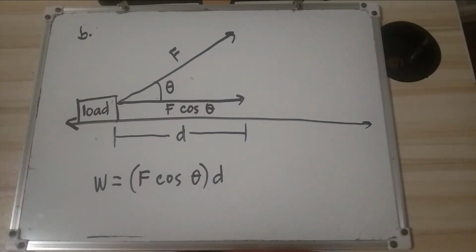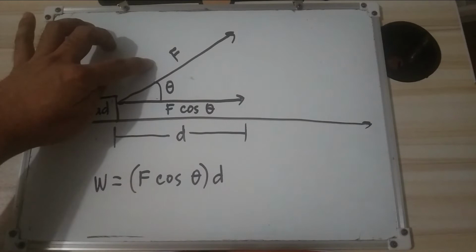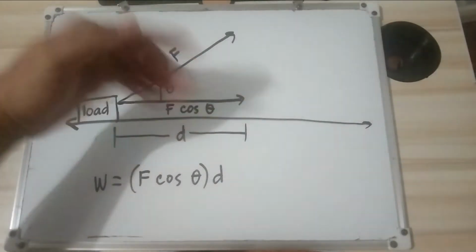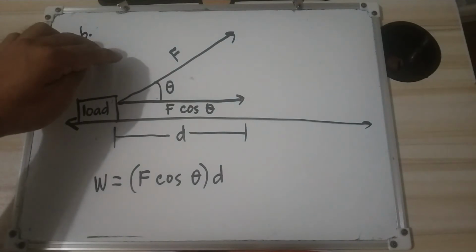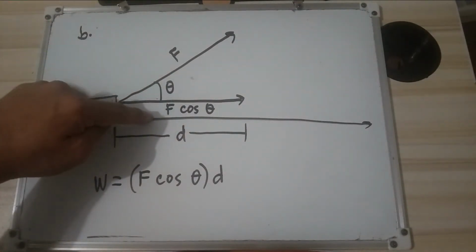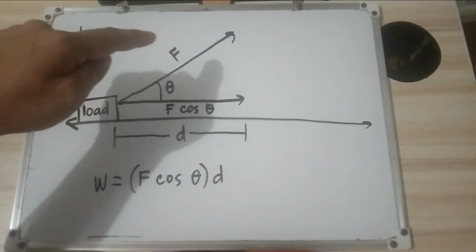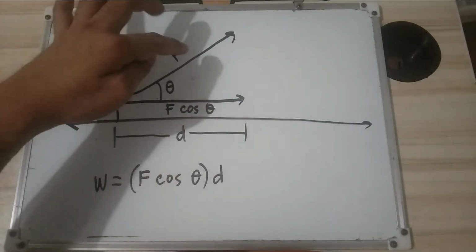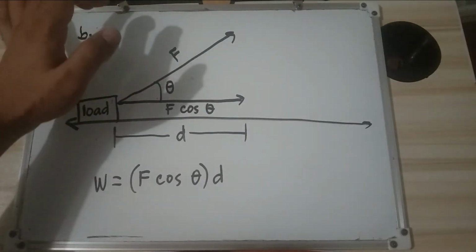In case letter B, if the force is not in the direction through which the load moves, then we must get the component parallel to the direction of motion. So we have here, we know that in right triangle, in this case, the force is acting hypotenuse.